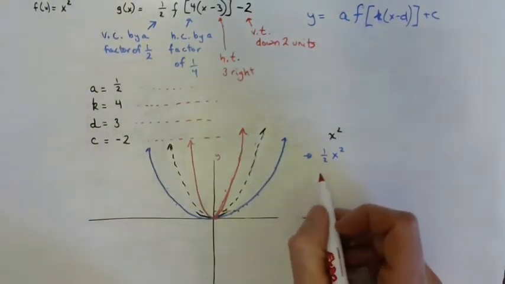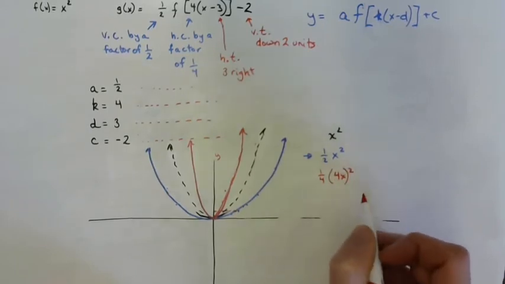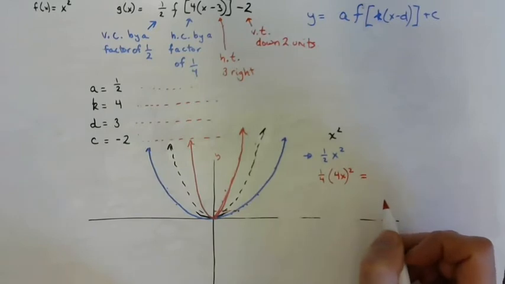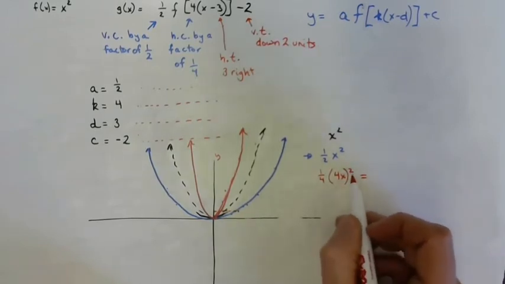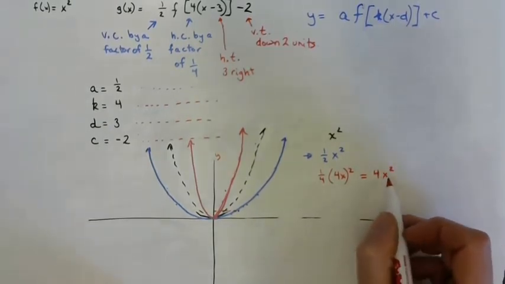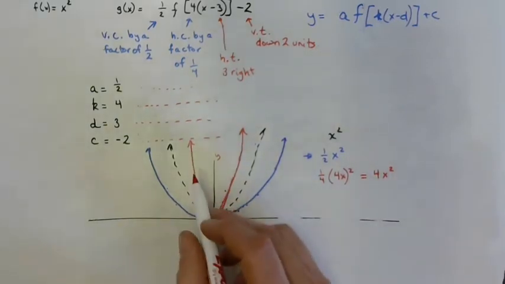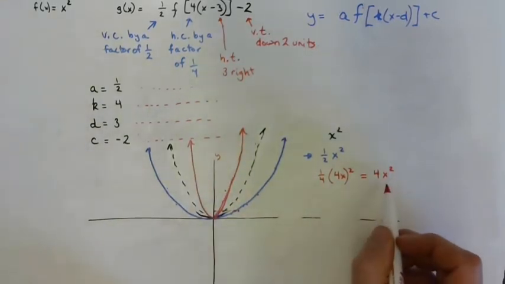So the red one is actually 1/2 times 4x squared, which equals 16x squared divided by 4 is 4x squared. So the graph of the red parabola that you have so far is 4x squared.